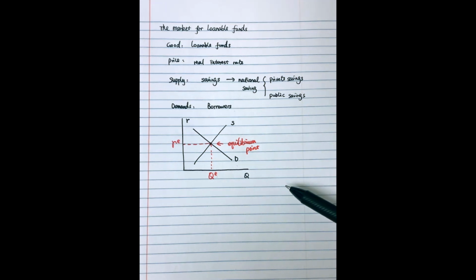Okay, so based on what we have already learned in chapter 4, demand shifters and supply shifters might also apply to this loanable funds market. Then you need to analyze what the new equilibrium point is, and what the differences are in the equilibrium real interest rate and the new equilibrium quantity of loanable funds.